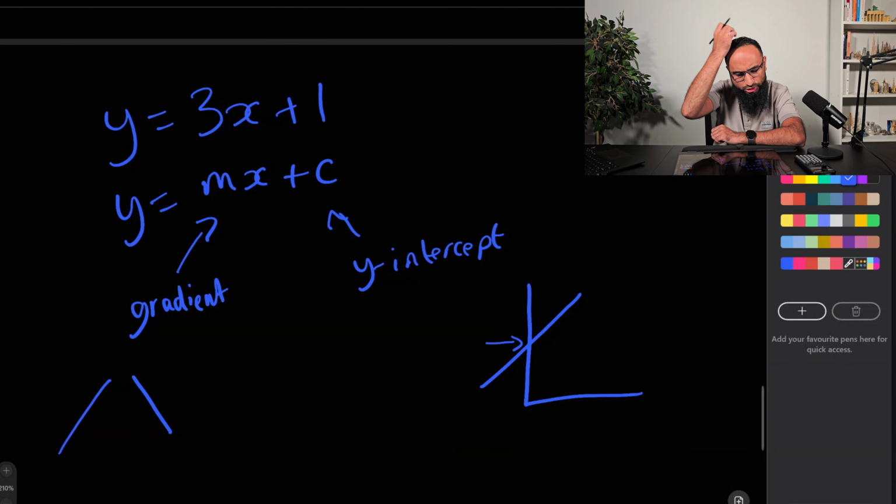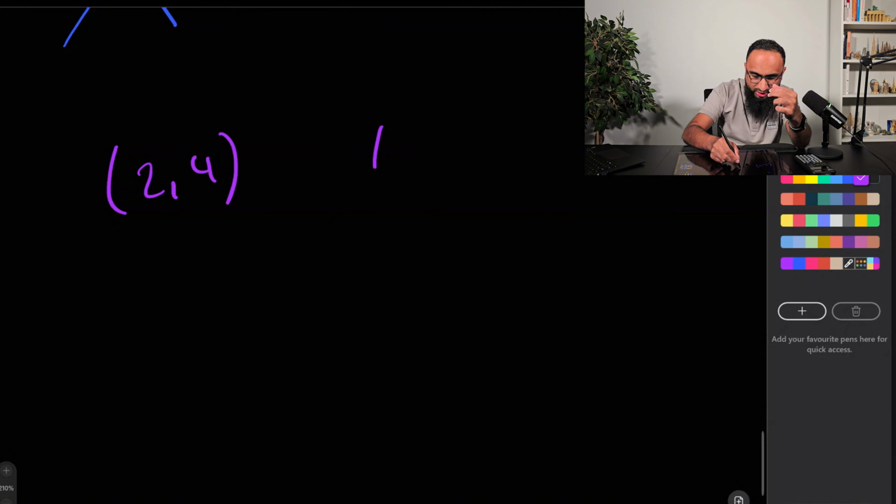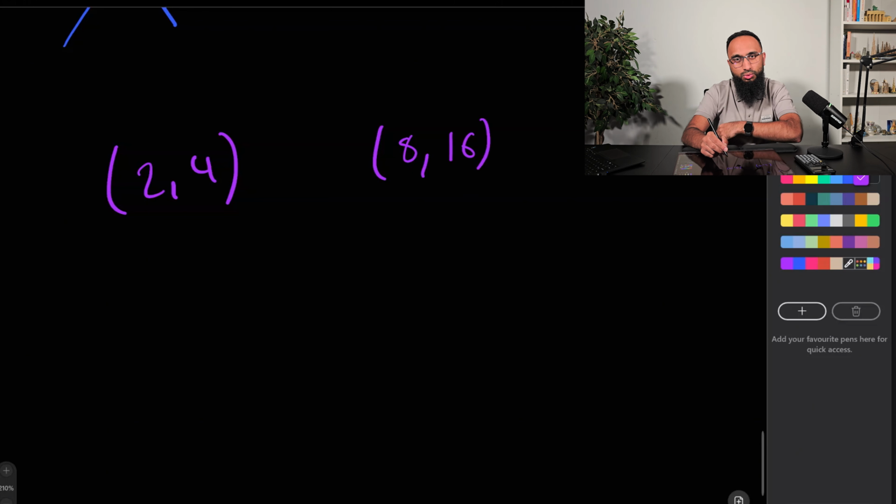So imagine you had a question which might be something like a line passes through a coordinate 2 and 4, and then another coordinate 8 and, okay, let's make the numbers not too difficult. So that might be 16. So we have to work out the equation in the form y equals mx plus c.